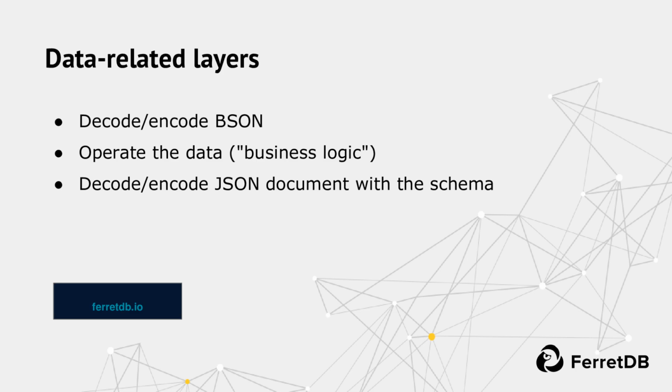First of all, we need to be able to decode and encode BSON to parse requests from the driver and to send responses to the driver. Then we need to operate the data because probably there are some operations that we want to implement on the database side. And then we need to decode and encode JSON with the schema we defined to store it in the database. So those are three important layers or packages in case of Go.